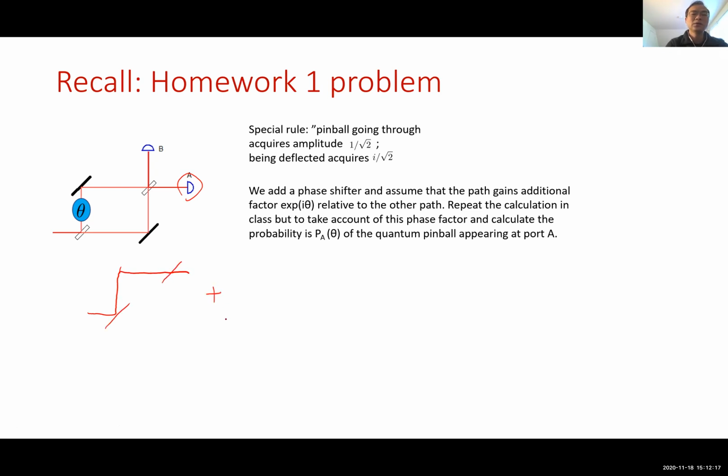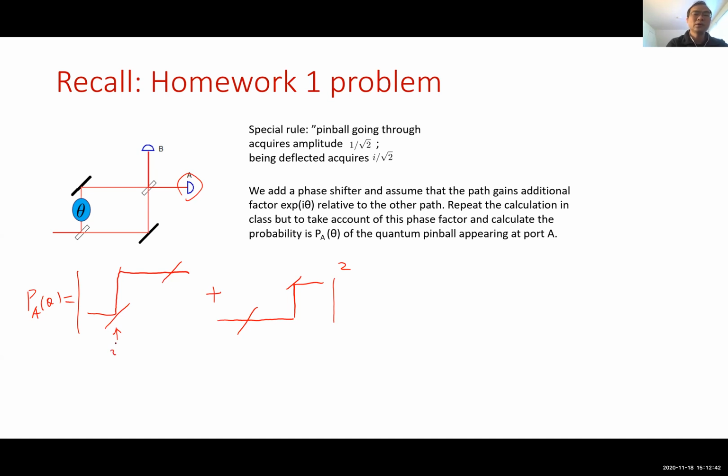Another one is transmit first and then reflect. We have to add the amplitudes of these and then square that. So let me just write P_A of theta. How do I do this calculation? Here, it's a reflection.